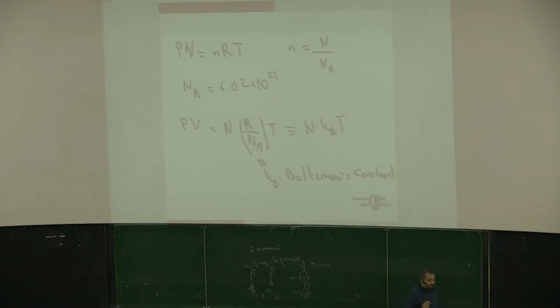This Boltzmann number will also be an arbitrary number. We will see in a moment how, if we want, we can also get rid of that one. So this is the ideal gas law we have.